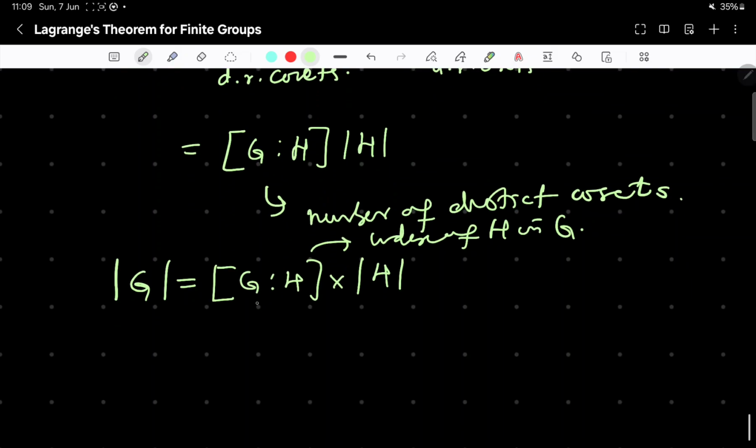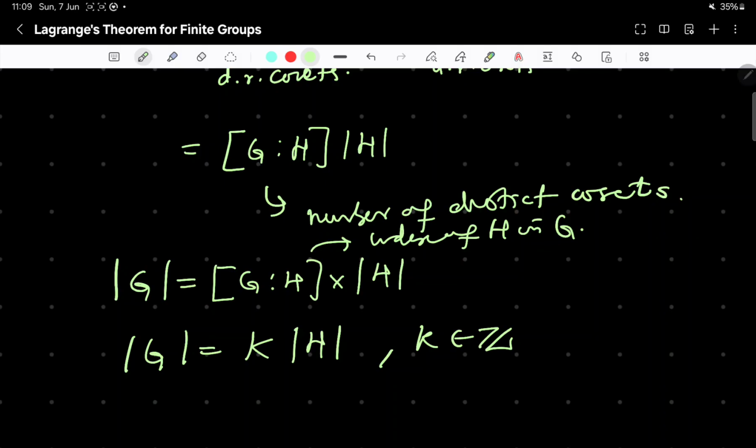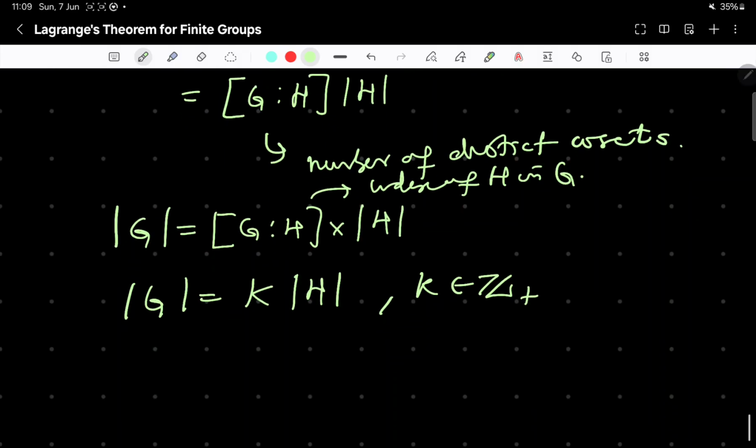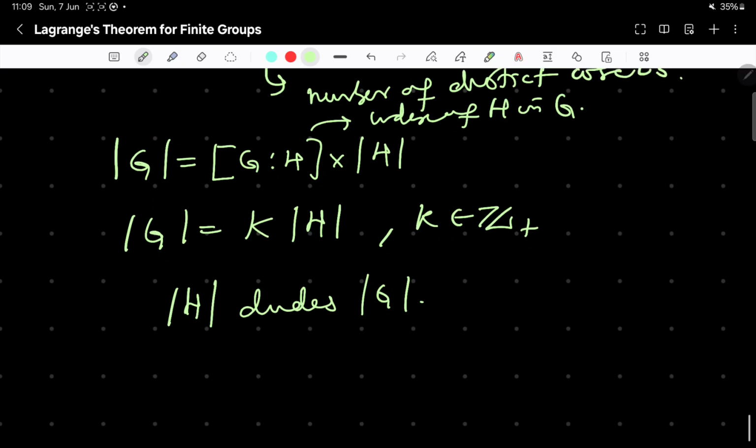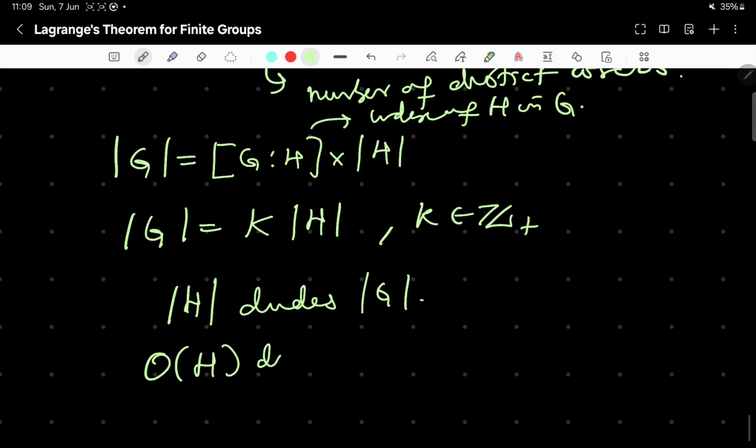If this is a number, then you can say the cardinality of G is equal to some K times the cardinality of H, where K is an integer. In fact, it is a number of elements, so it's a positive integer. That means the cardinality of H divides the cardinality of G, or similarly, the order of H divides the order of G.